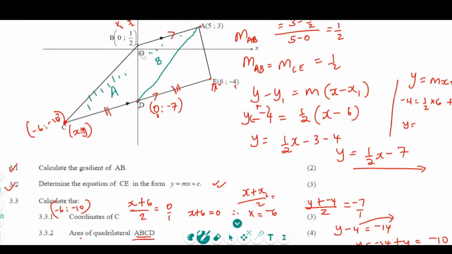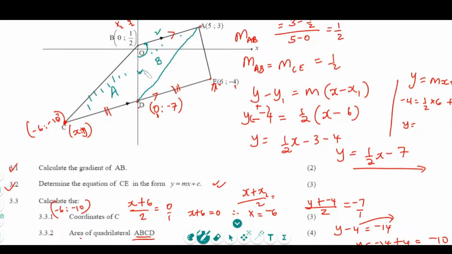if I try to get the size of this angle here. If I find this angle, I find that distance, and I find that distance, then I have the area of this triangle.